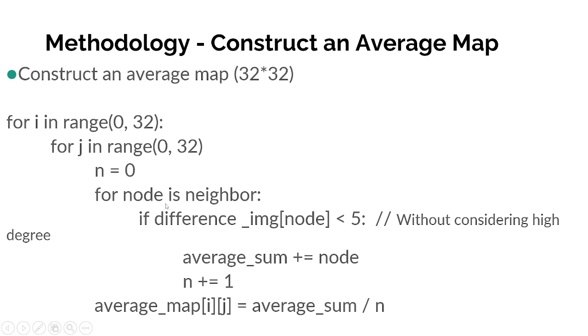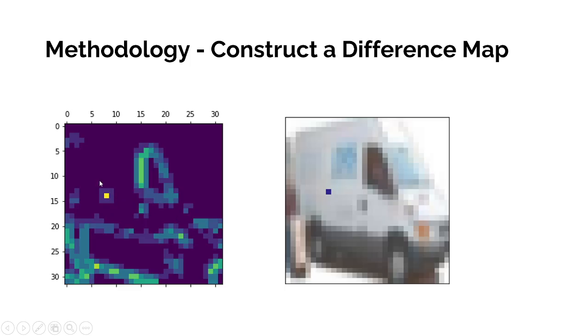And he also wanted to make some smoothing results, so he also constructed an average map, and it is very easy. Just average. For each pixel, it will calculate the average from itself and its neighbors like this.